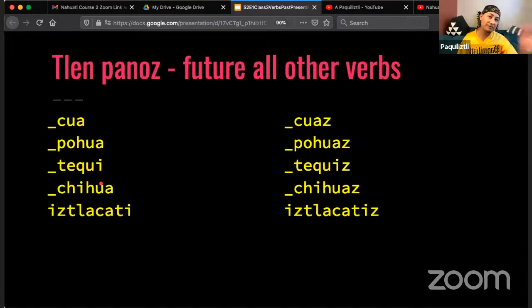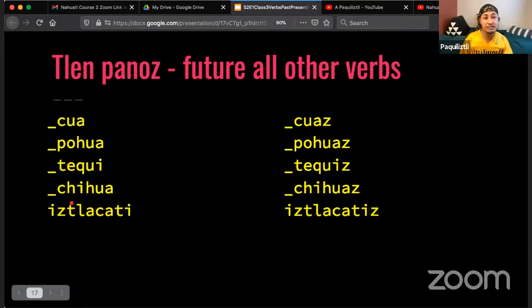However, for any other verb that is not a class 3 verb, all you have to do is add the Z to it, just the Z. So qua becomes quas. So I eat, niqua. I will eat, niquas. Poa, to read. Nitlapoa, I read, becomes nitlapoas. Niteki, nikteki, I cut it, becomes niktekis, I will cut it.